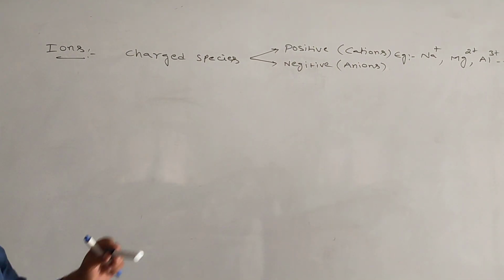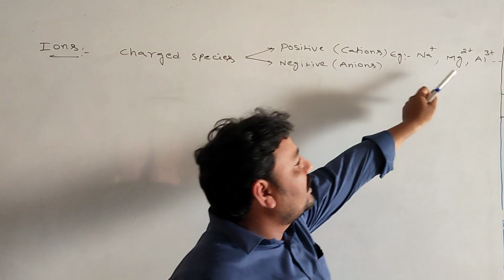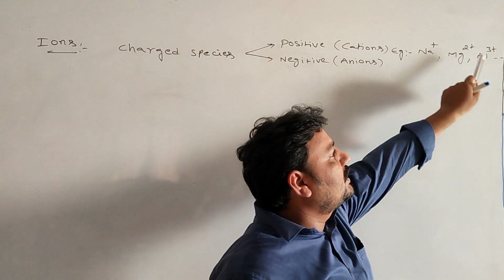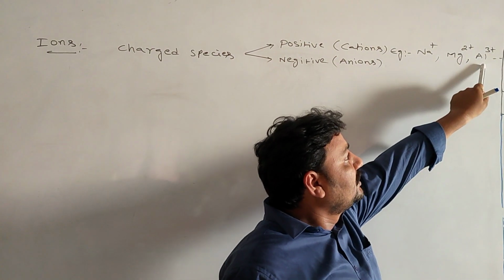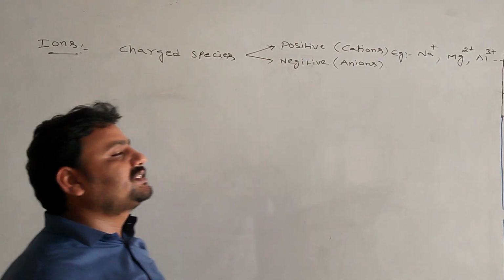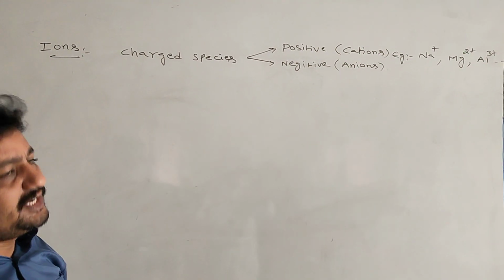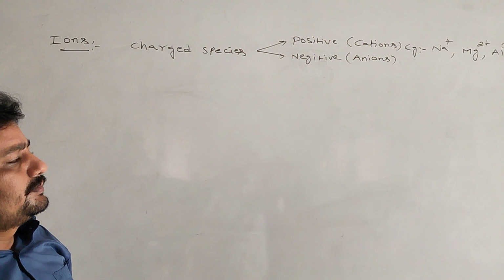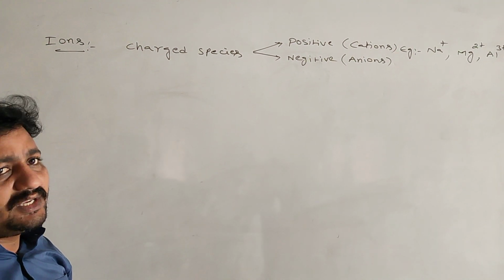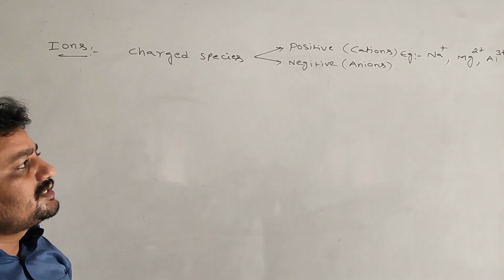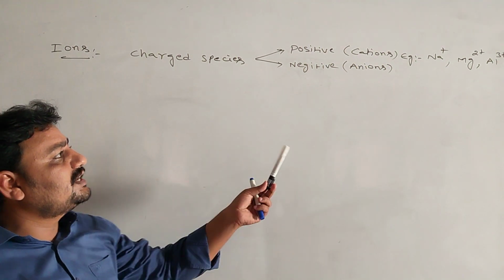What is the valence of sodium? 1. Magnesium? 2. Aluminum? 3. With the sign, we say charge; without the sign, the number is the valency.